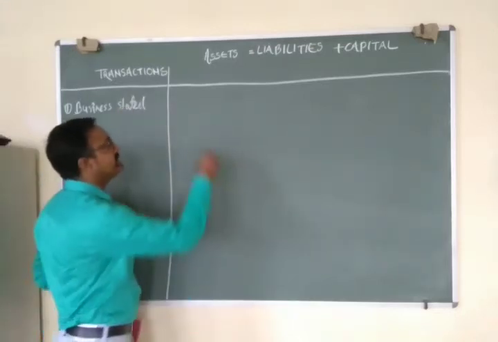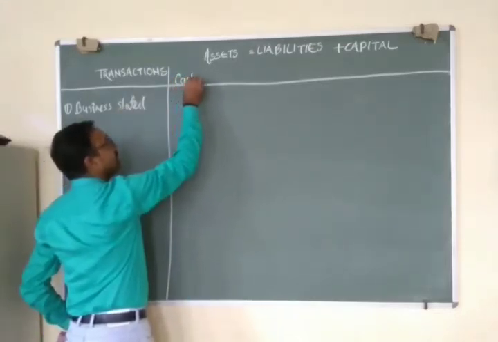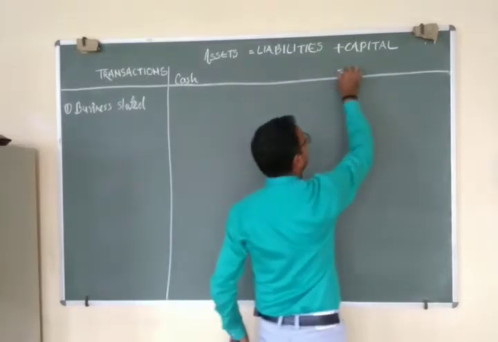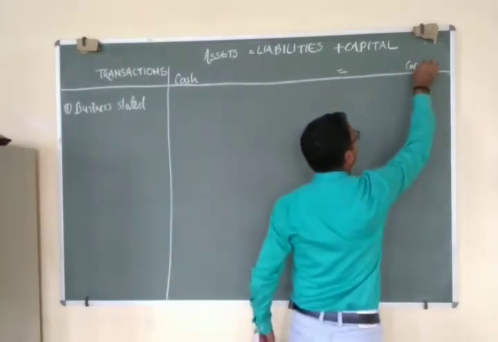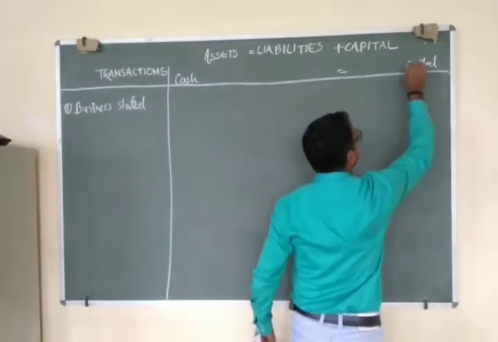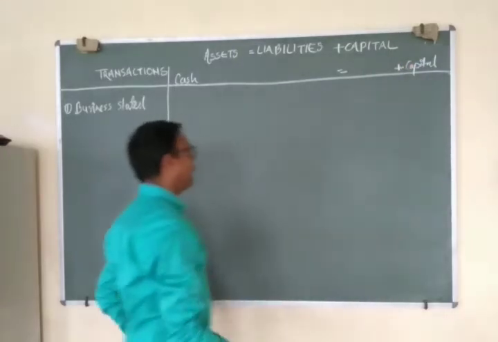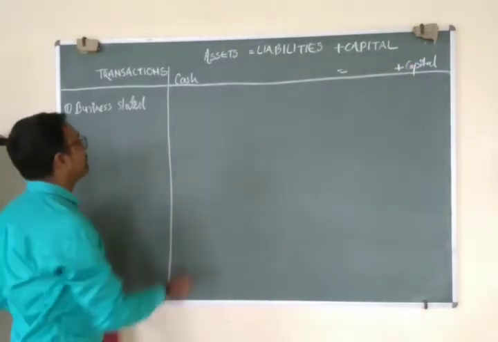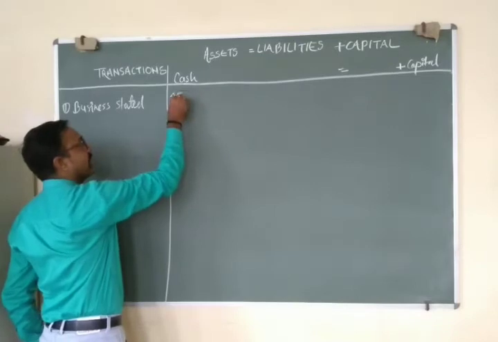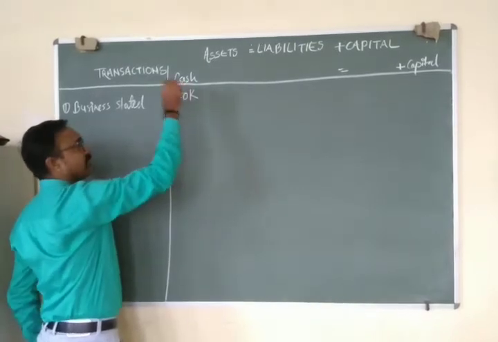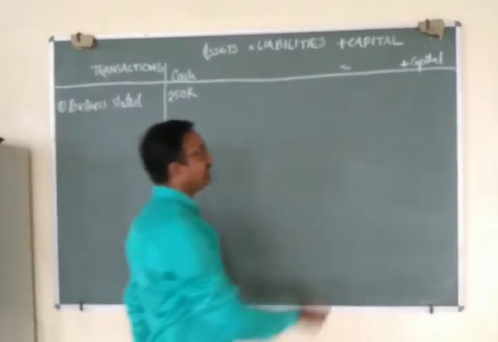So the business started with cash, and that is capital. Okay, so cash we have invested in our business, 2,50,000. So here we have written 2,50,000.